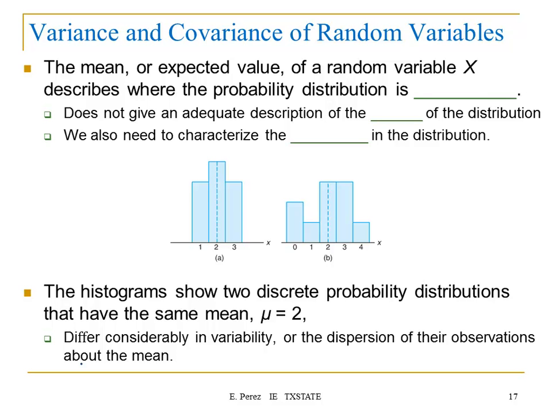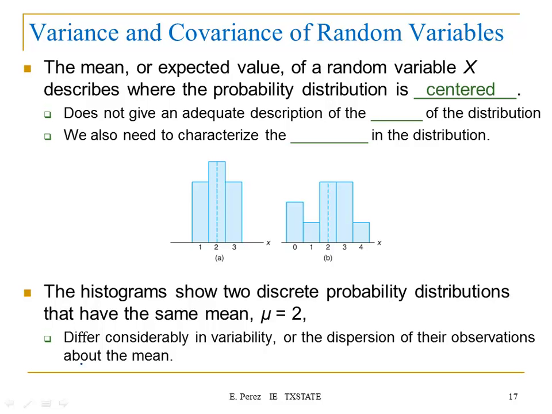The mean or the expected value of a random variable x describes where the probability distribution is centered. That's what the mean does. You have a sample space, you have a certain number in your sample, and you want to know what's the center of that population or sample. You use the mean or the expected value.